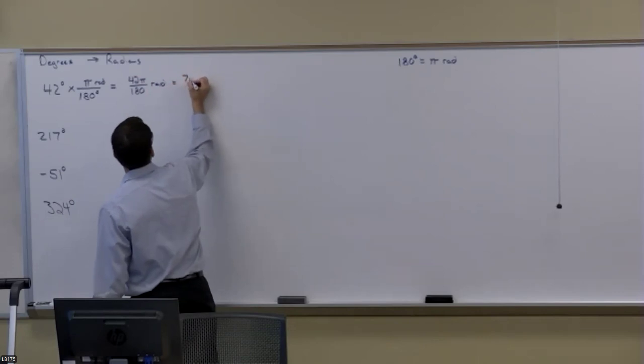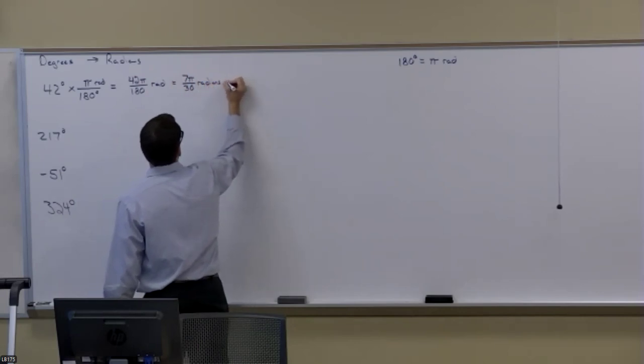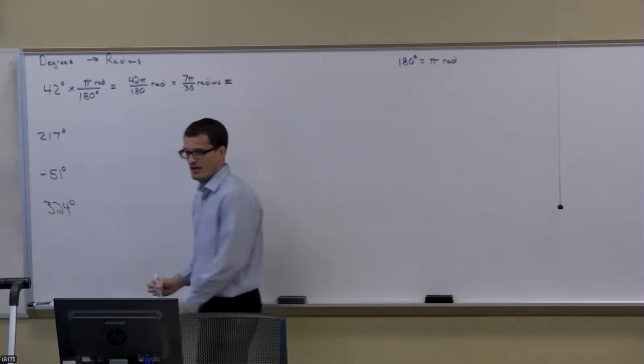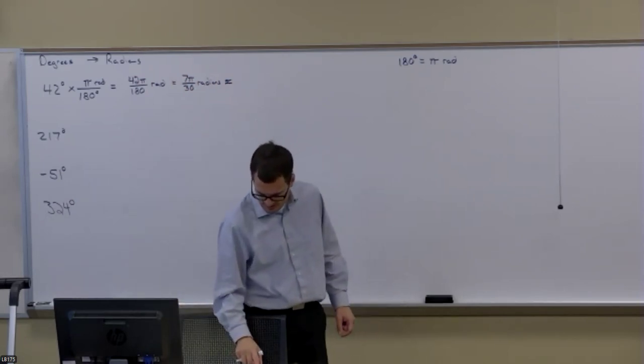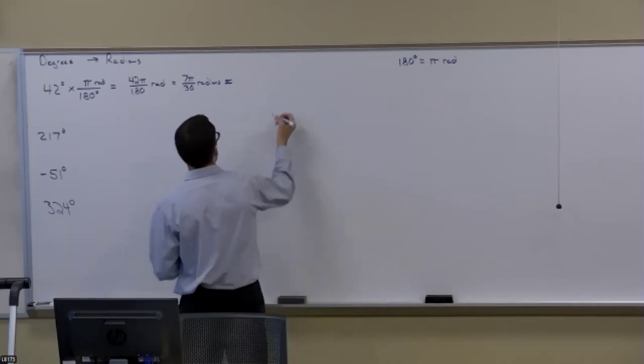So that's 7 pi over 30 radians. That's my exact value. If I want an approximate value, then I just type in 7 times pi over 30, which is about 0.73.